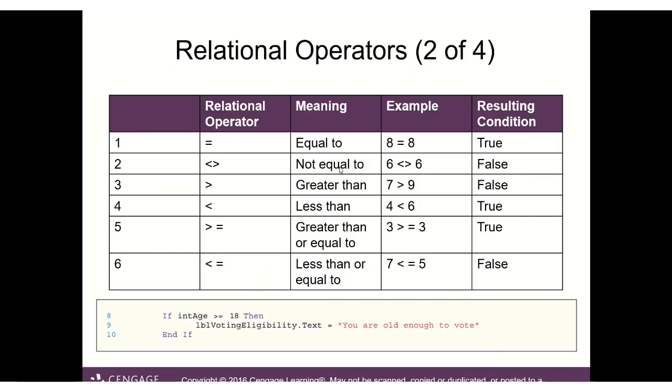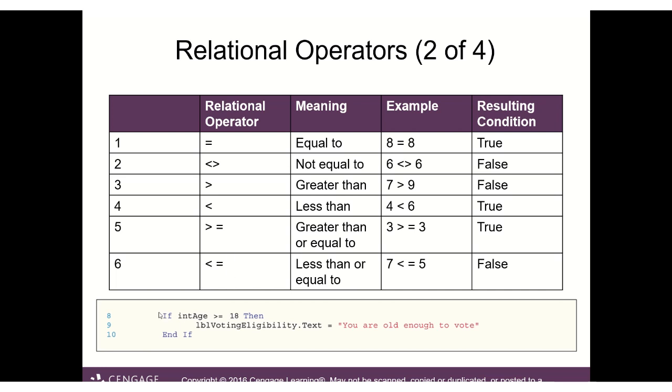This table illustrates the relational operators. The first one is equal to, for example 8 equals 8, that means always true. Another is the not equal to operator. The third one is greater than, the fourth is less than, the fifth is greater than or equal to, and the sixth is less than or equal to.